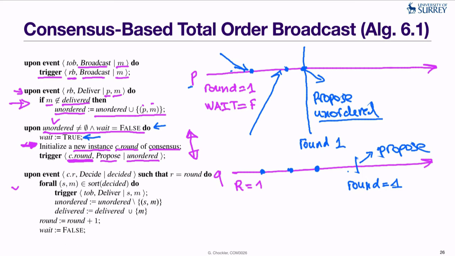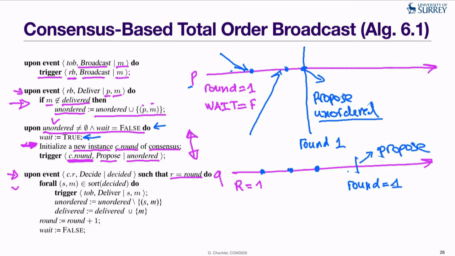Okay, so when we get a decision, this handler here is activated, and what happens in this handler is that we get this set of messages on which a decision was reached in this specific round of consensus. Notice that we will only process the messages from the round in which we currently execute.